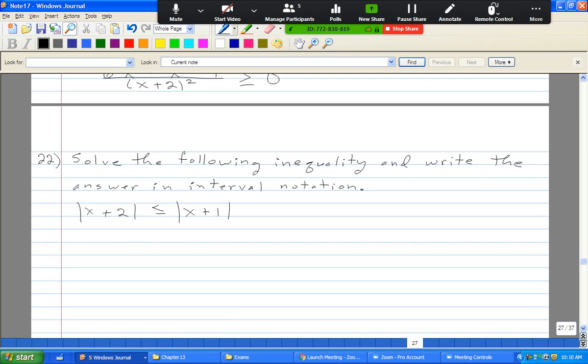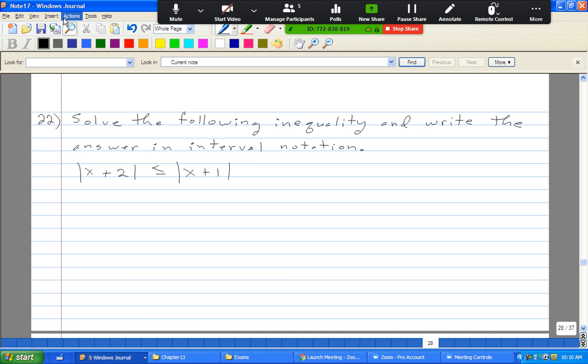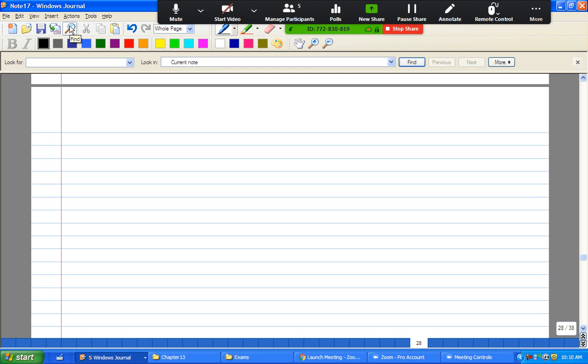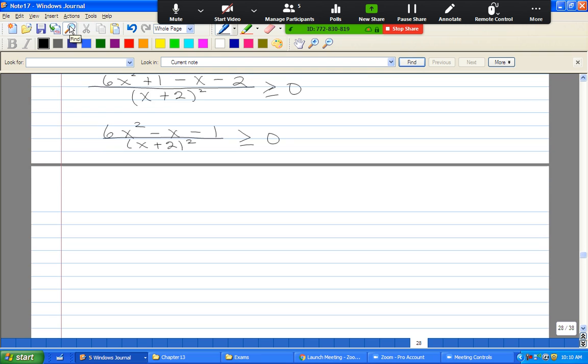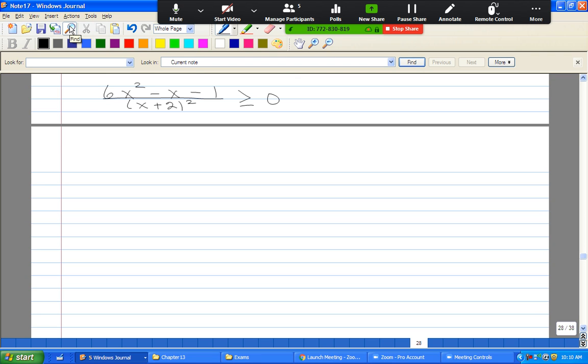Okay, so let me get some extra room here. I can factor the 6x squared minus x minus 1. I'll make this 3x, 2x. I want a minus, so that's a plus 1 and a minus 1 over x plus 2 quantity squared.